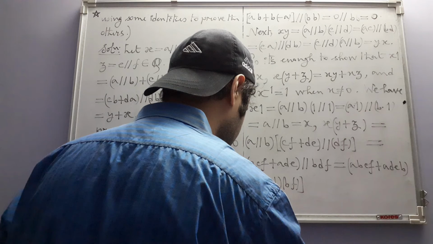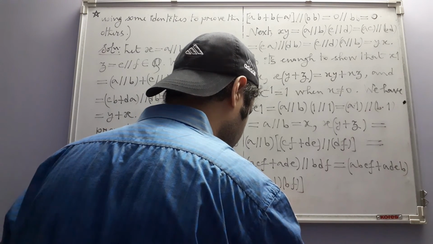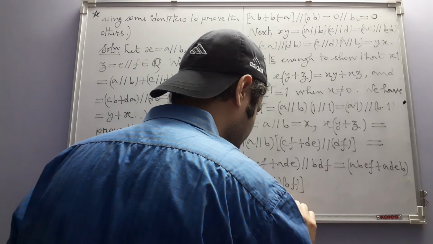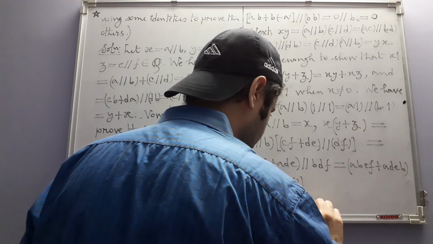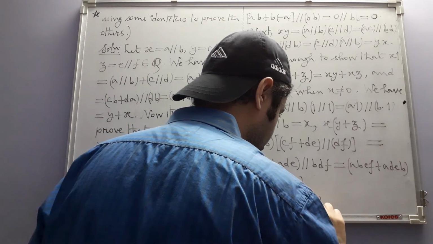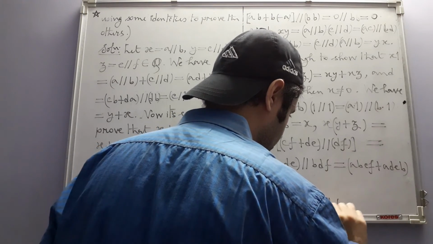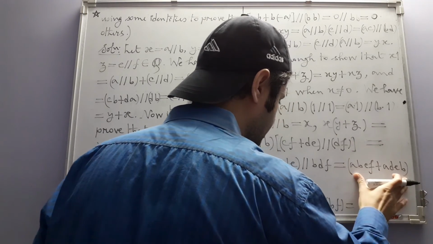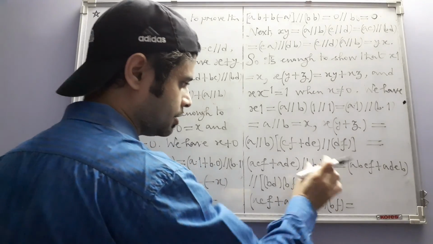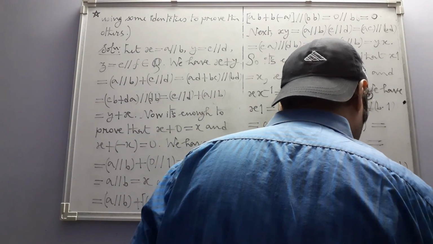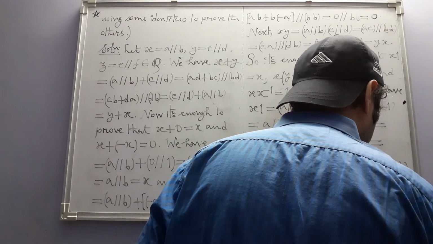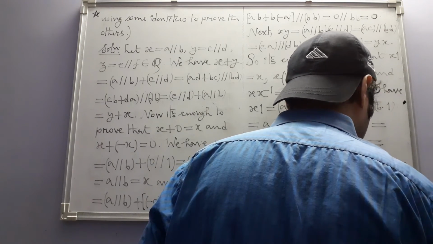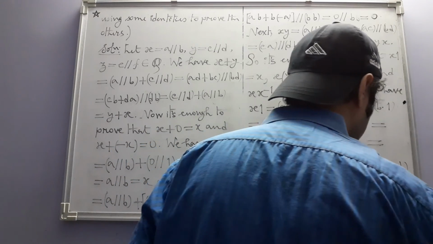Now if we take this times this, then what do we get? Let us just see quickly, because it is somewhat long. This times bdbf should be equal to this times this one, abcf plus adeb times bdf.